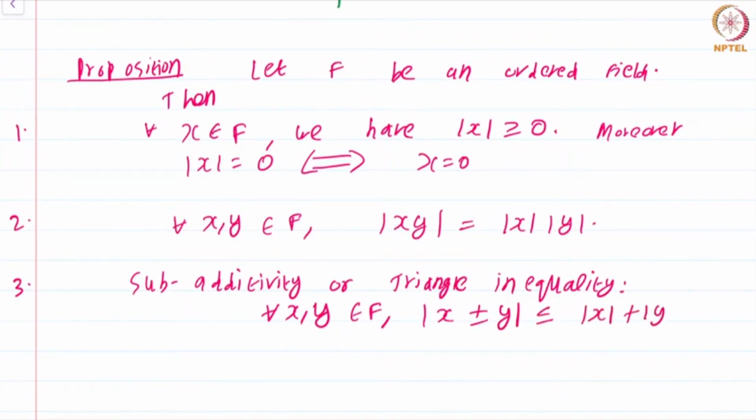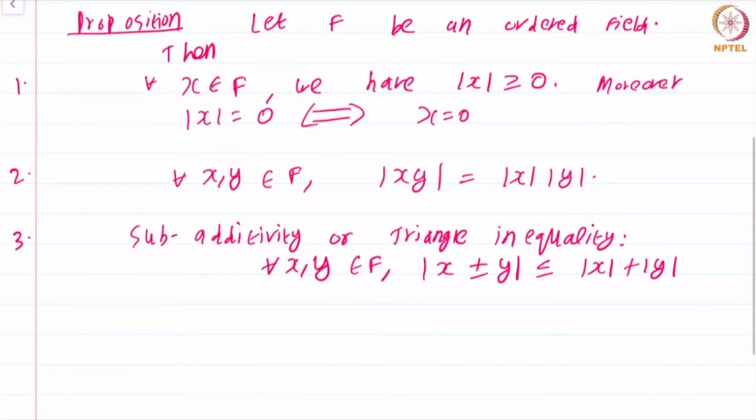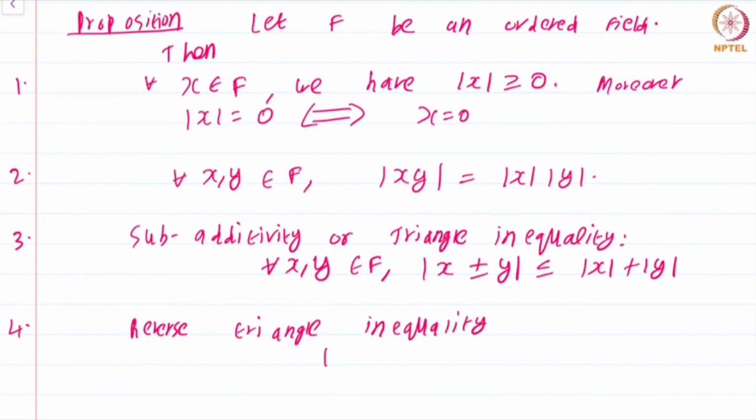Okay. So this is actually two inequalities that I have condensed into one inequality by using the plus or minus sign. Fourth is called the reverse triangle inequality. The reverse triangle inequality says the following. It says mod x plus or minus y is greater than or equal to mod x minus mod y.